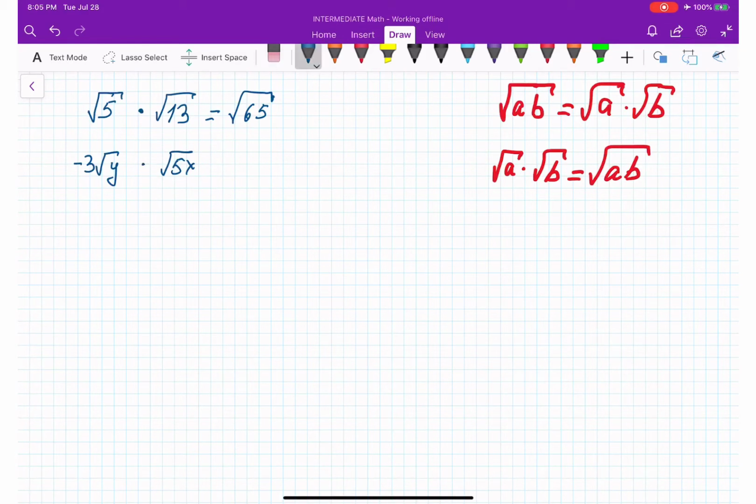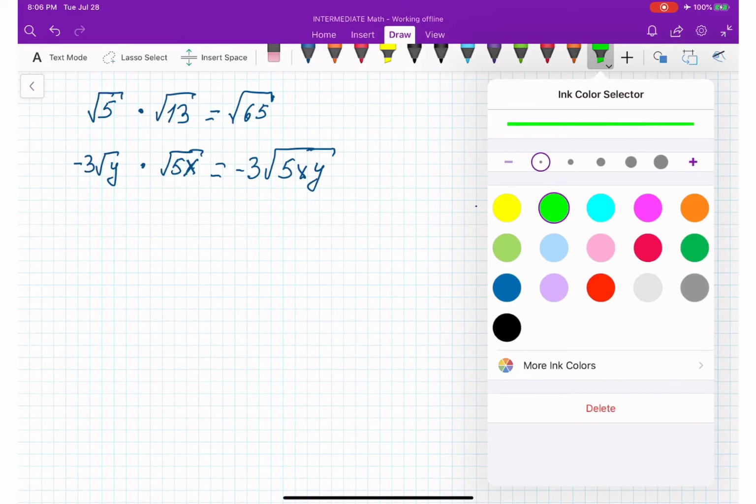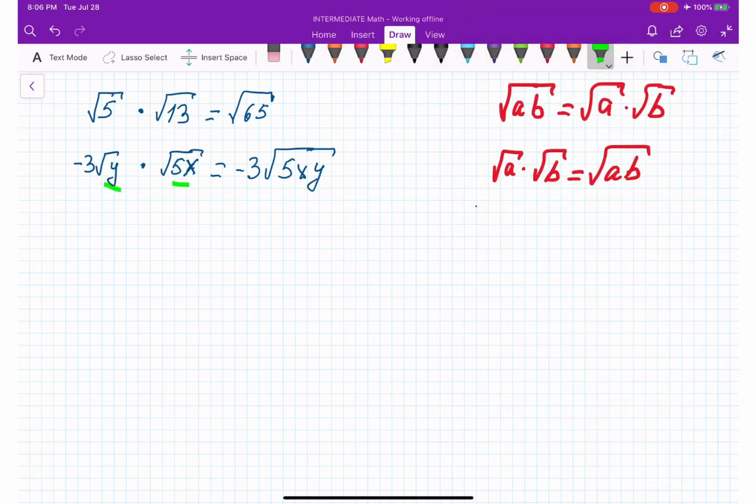It's the same thing as when you put 3 times 2, take 3 in parentheses, 2 in parentheses. What's the point? Nothing is going to change, right? So I'm taking off parentheses. So what do we get? Negative 3 square root 5xy. We just multiply y with 5x. Next one.